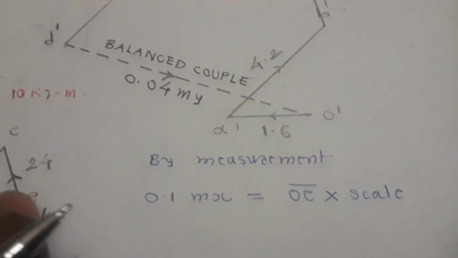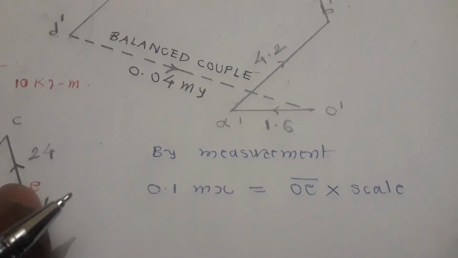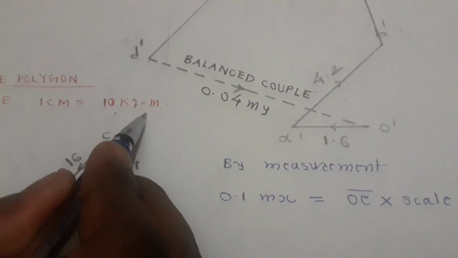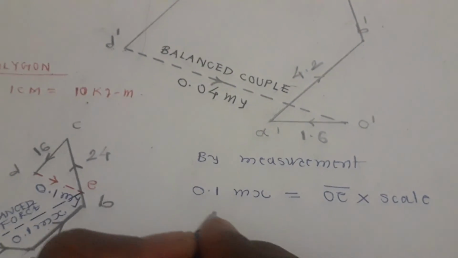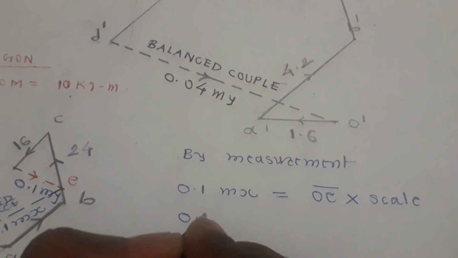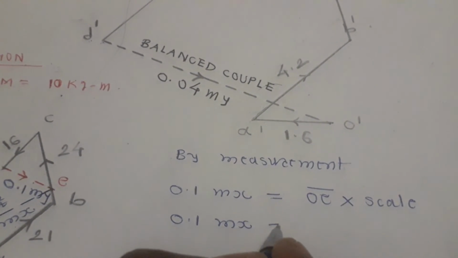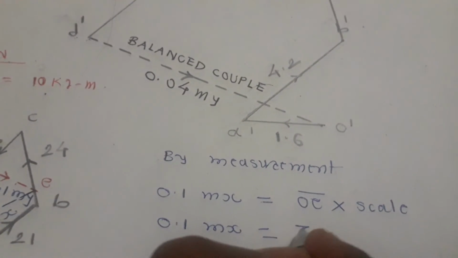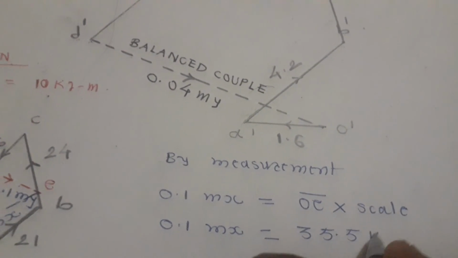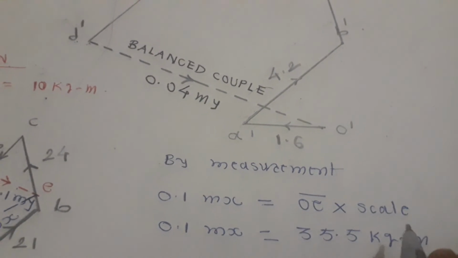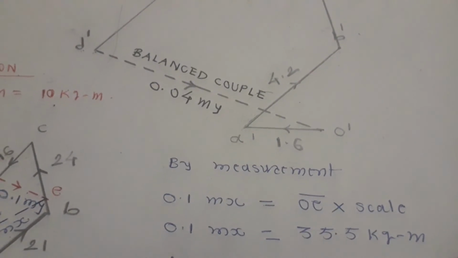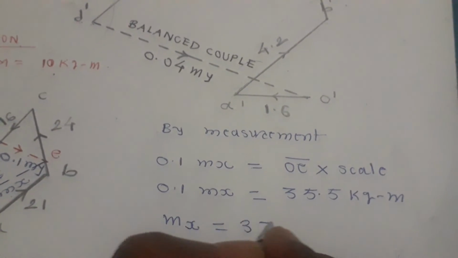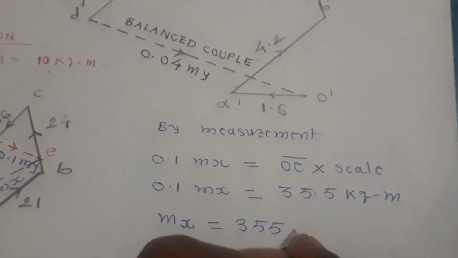We will measure the distance from here, and the scale we have taken is 10 kg meter. If you multiply it, you will get this entity 0.1 mx equal to 35.5 kg meter. If you simplify from this, you will get the mass at x plane as 355 kg.